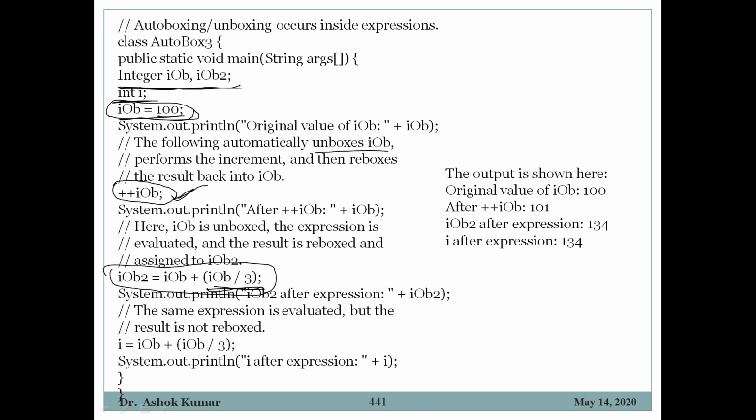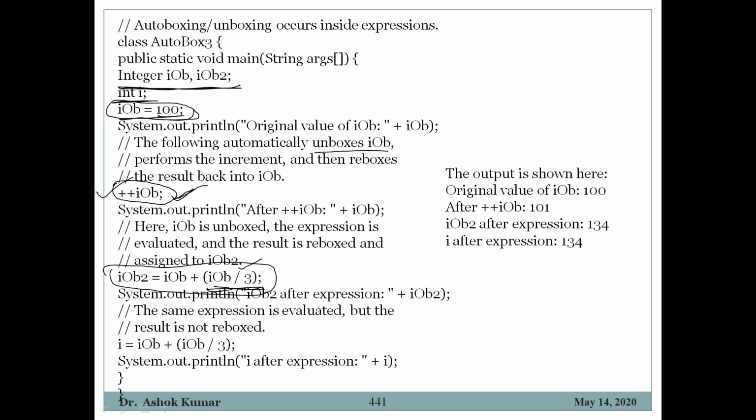So here you will get the value 101, because we incremented IOB at this step. So 101 by 3, you will get some value, and the integer value corresponding to that, because this division performs the integer operation. So 101 by 3 you will get 33 from that expression. Then this 33 will get converted into the object again. So you will get the object 33 over here, an integer object.